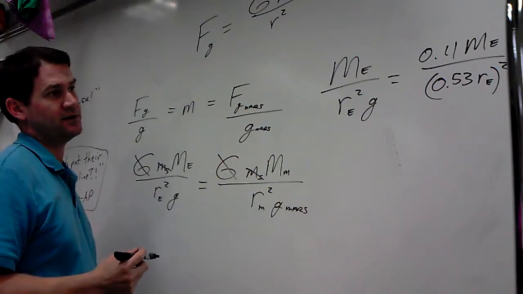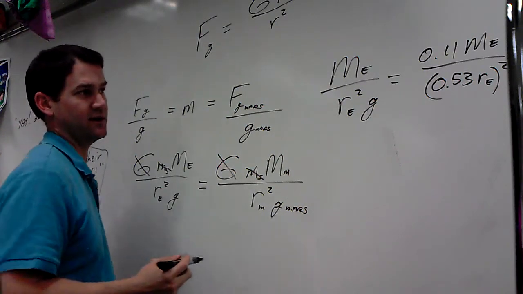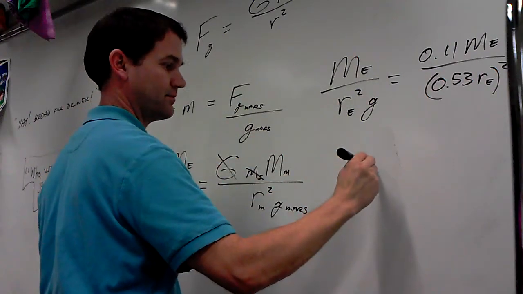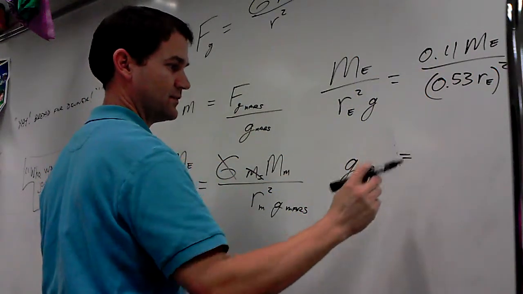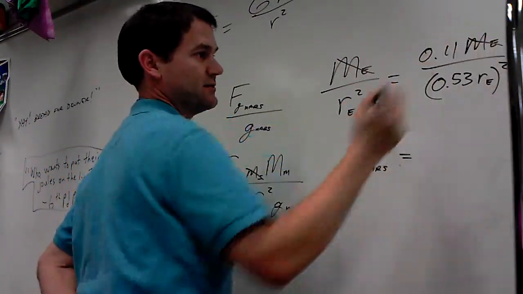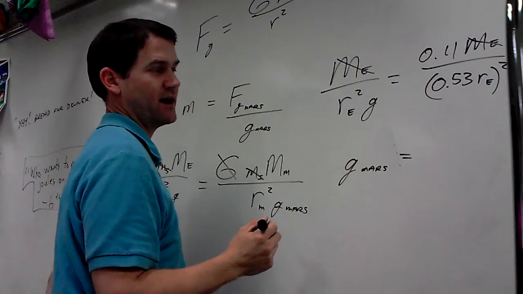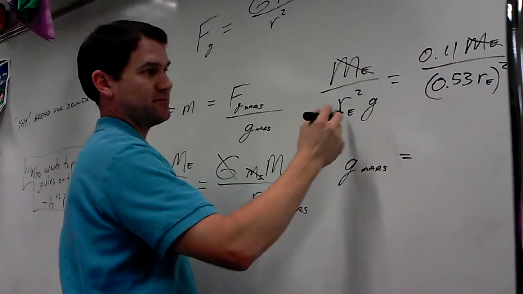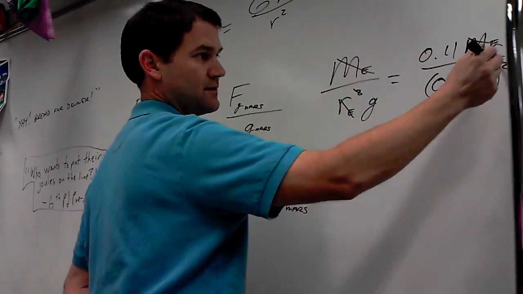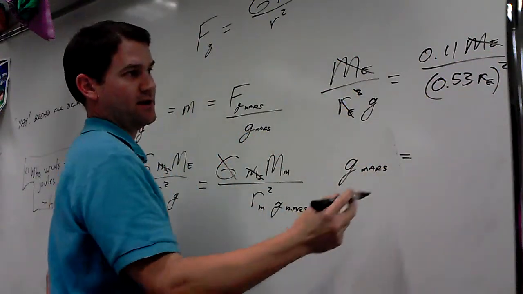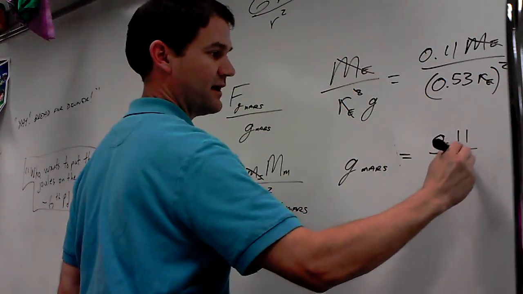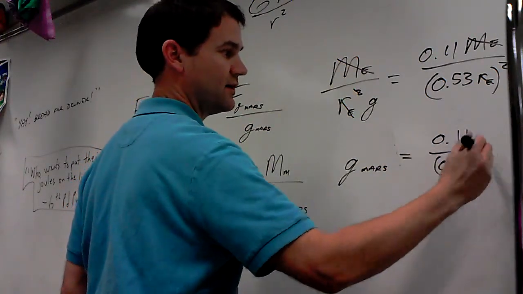So now I can say G Mars then is, divide out by mass of Earth, and I can divide out by radius of Earth squared, and I get 0.11 over 0.53 squared.